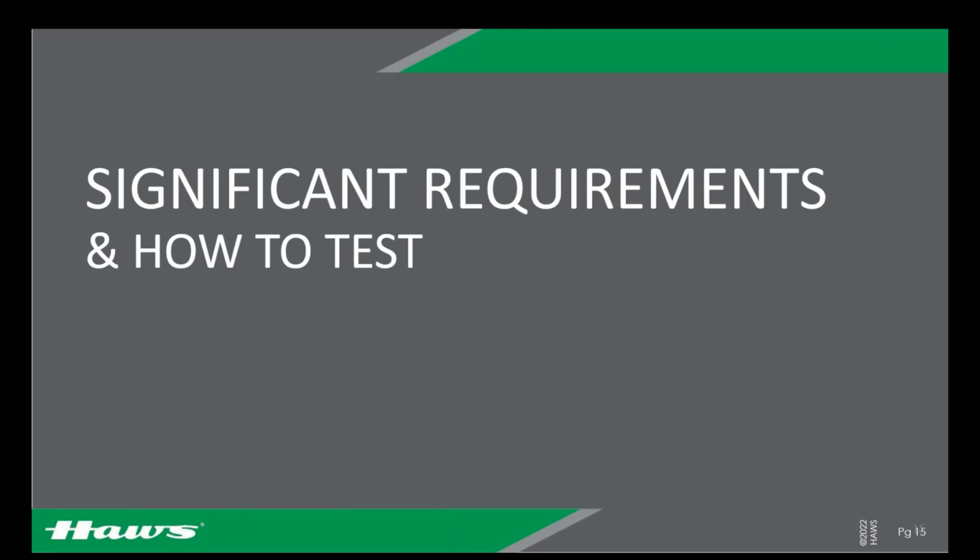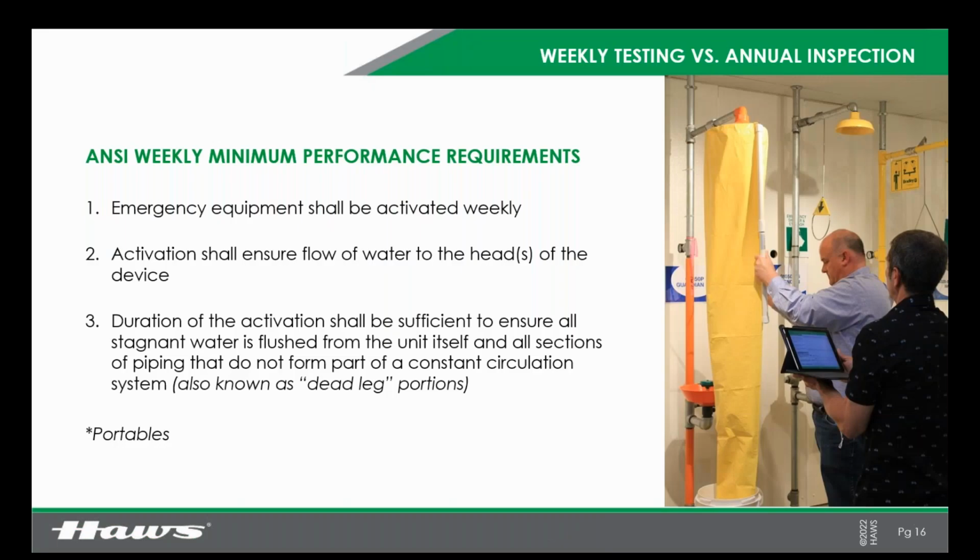Now, significant requirements: how to test. This is really, really important: it has to be tested on a weekly basis. This is different for plumbed equipment and different for portable equipment, but it's not extreme. This isn't a head-to-toe evaluation of the emergency equipment. The main goal is ensuring that it's activating and that we're clearing out the dead leg in the pipe.